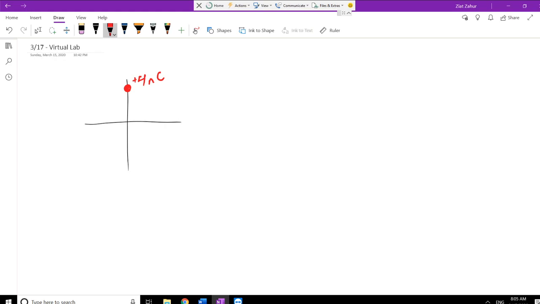Okay, and currently it is 1, 2, 3, 4, 5. Oh, I wanted to do 5. Darn it. Let's do 5. There we go. 5 ticks up. And then 1, 2, 3, 4, 5. And we want to find the electric field at this point.